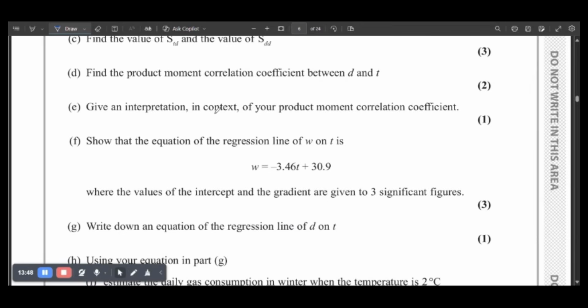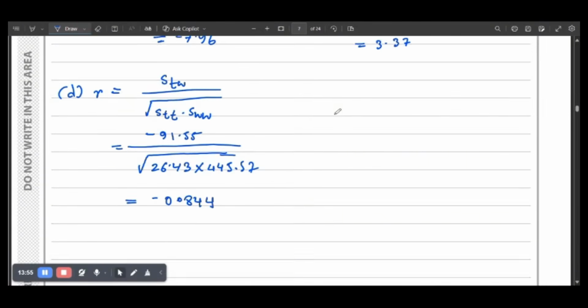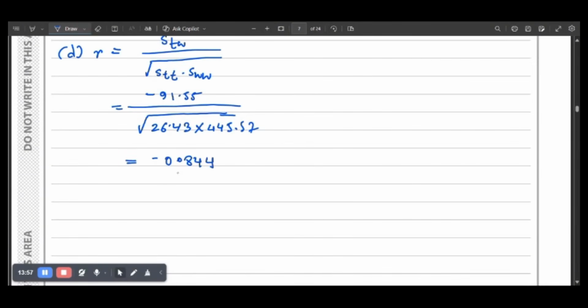For part E, we are asked to give an interpretation in context of your product moment correlation coefficient. The first thing to see is that our product moment correlation is negative, which means that there is a negative correlation between our two variables.